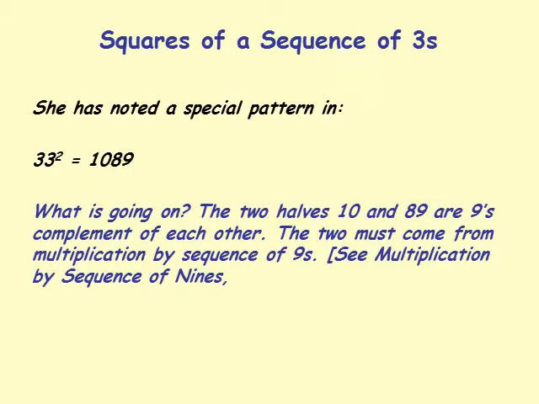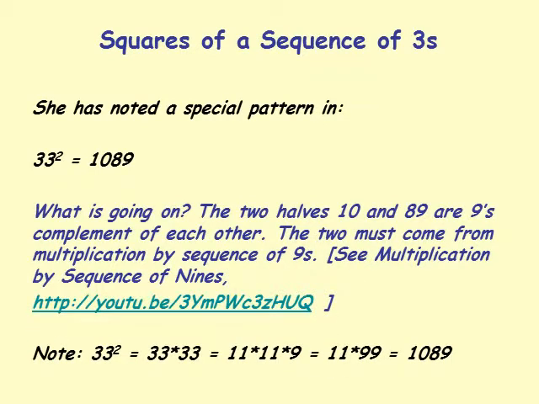As soon as I know they are 9's complements, these two must have come from multiplication by a sequence of 9s. For that you can watch the video on multiplication by a sequence of 9s. This is the video link. Let's continue.